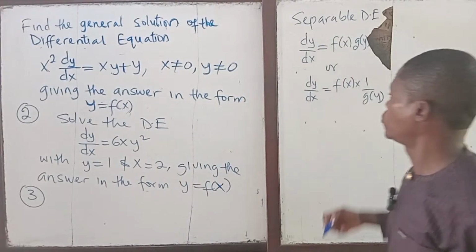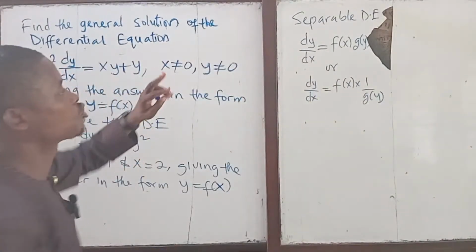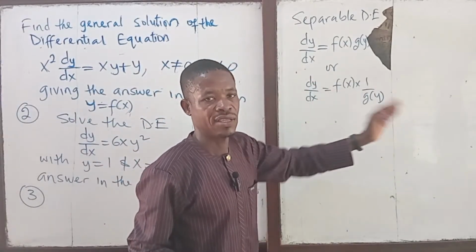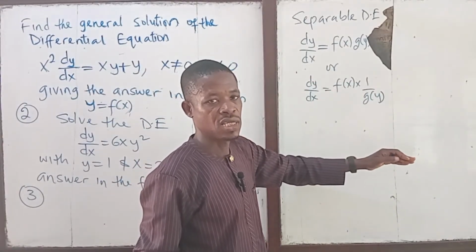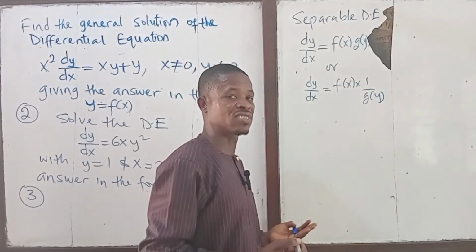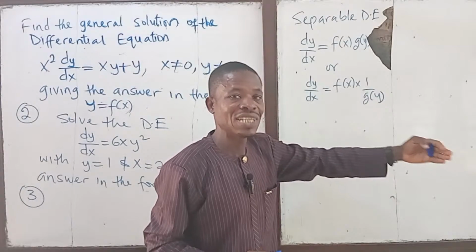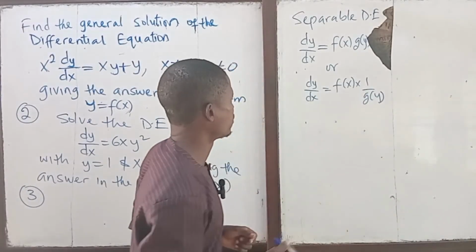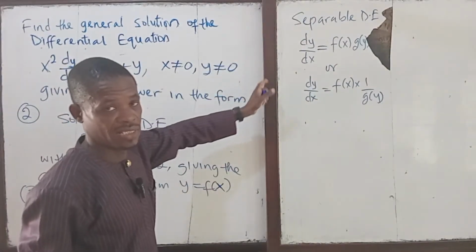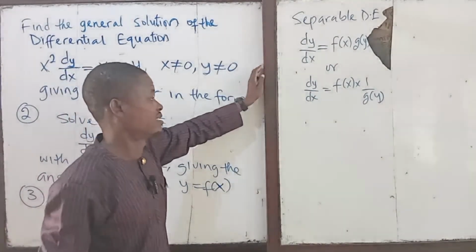So the two forms contain two different functions, x and y, and then you separate the dependent variable on one side and the independent variable on the other side. The dependent variable is y, while the independent is x.